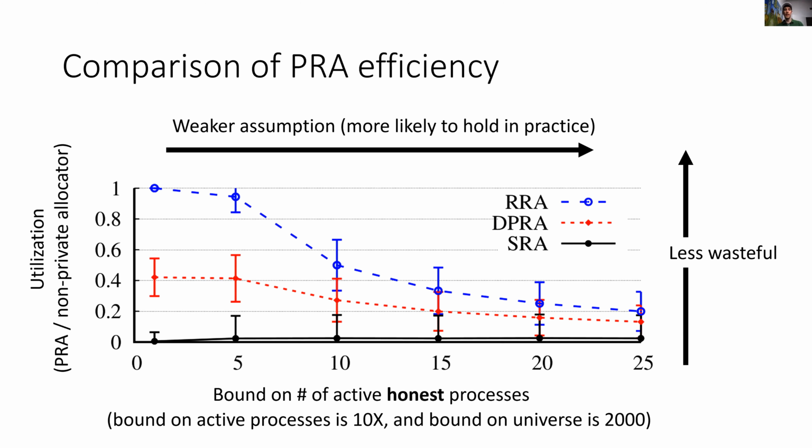One thing that's interesting is that RRA, the random resource allocator, which guarantees information-theoretic privacy, actually gets better utilization than DPRA, which is differentially private. One reason to explain this improvement in utilization is that DPRA actually makes a weaker assumption, which is that it can tolerate sybils, whereas the randomized resource allocator cannot. So in some sense, this is the cost that you pay for having sybil resistance.